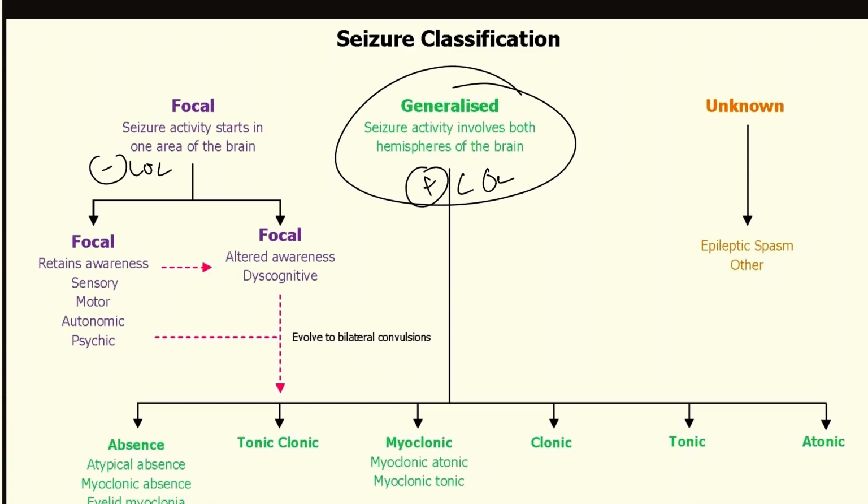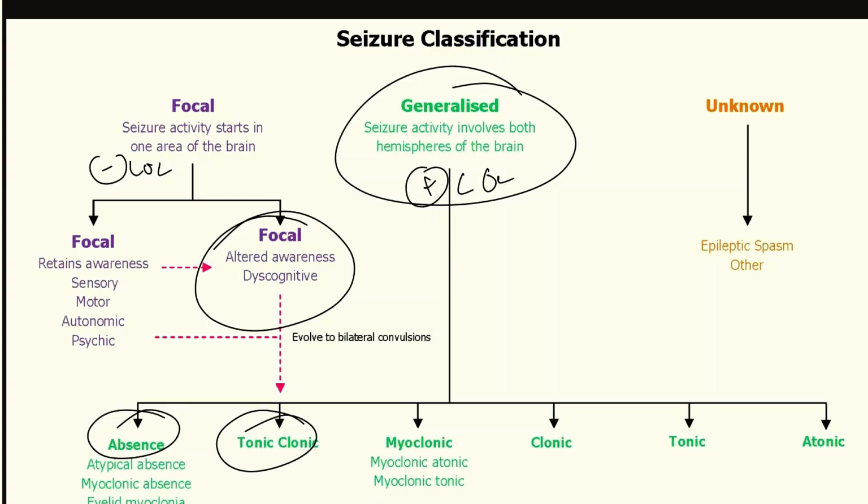But these ones, they evolve. That secondary generalization where the electrical activity spreads from one side to the other side of the brain. There is no discharge focus on the other side. It's just the electrical activity went to the other side of the brain. So absence seizure and tonic-clonic are the ones that we went over today.